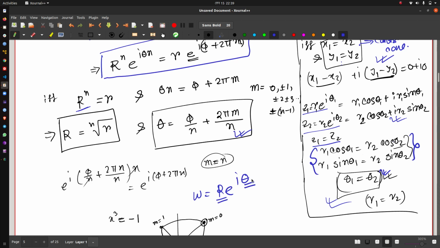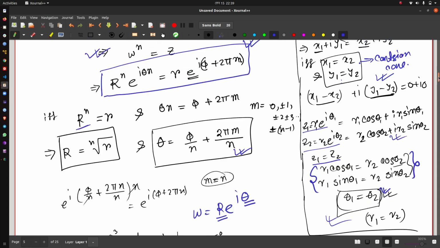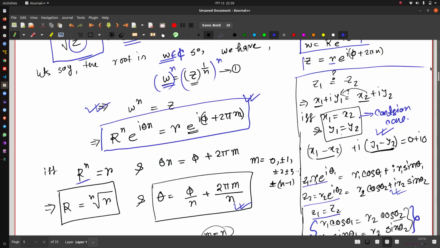But there is a little subtlety. That is, n is a fixed thing. n is already given in your question, or n is something you already know. What about m? That can go from 0, plus minus 1, plus minus 2, and so on. Is there a restriction? The answer is yes. You can only go up to n minus 1.